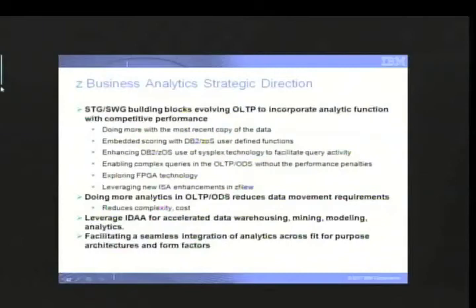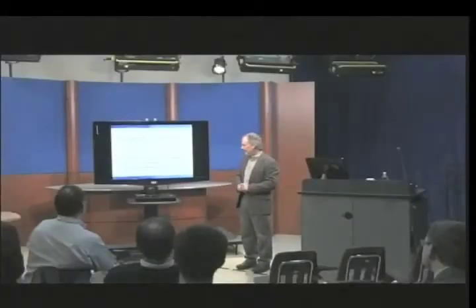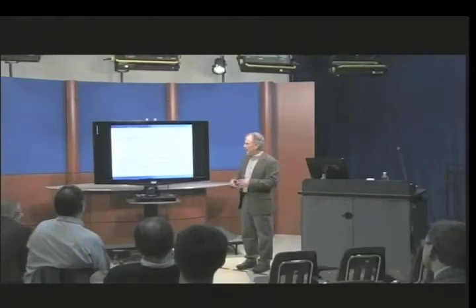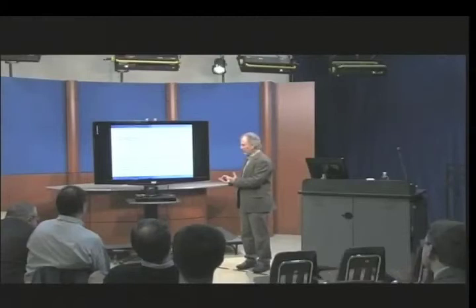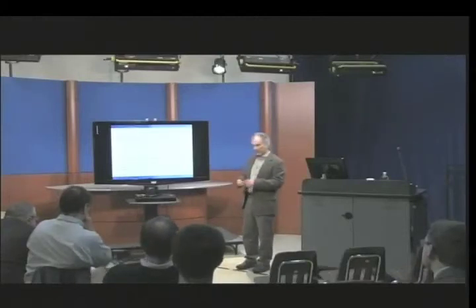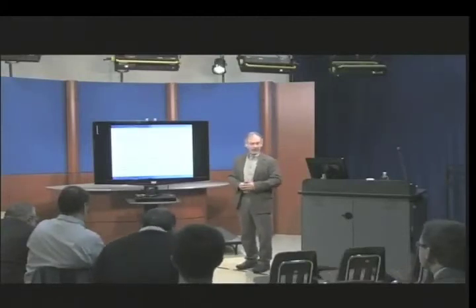We're embedding scoring into our transactions. We're enhancing our sysplex technology to facilitate concurrent query and OLTP activity. I didn't talk about it today, but we're doing things to enable more complex queries in the OLTP and operational data store environments. We're exploring FPGA technology on the Z side also.